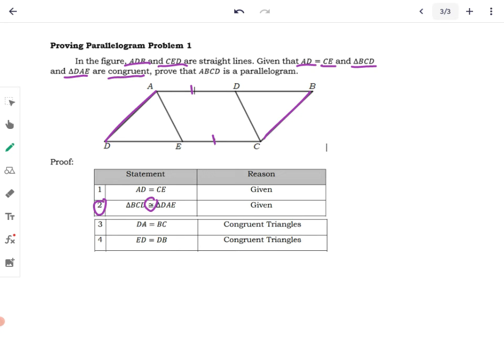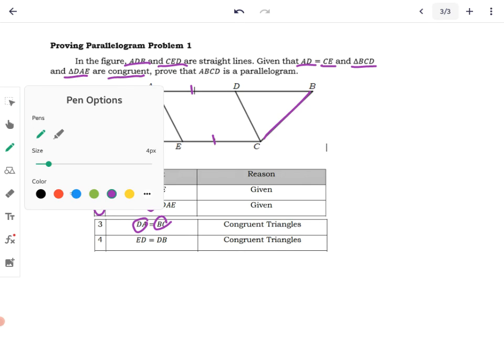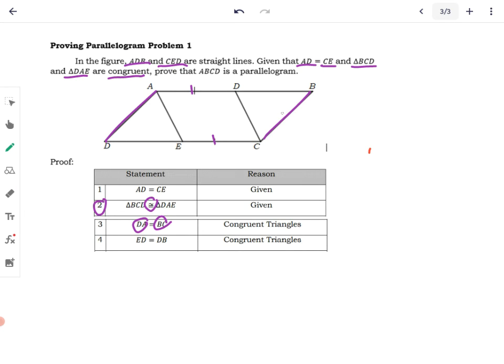So we already have one pair of opposite sides equal. Maybe we can prove that this and this are also equal, then we can conclude that it's a parallelogram.